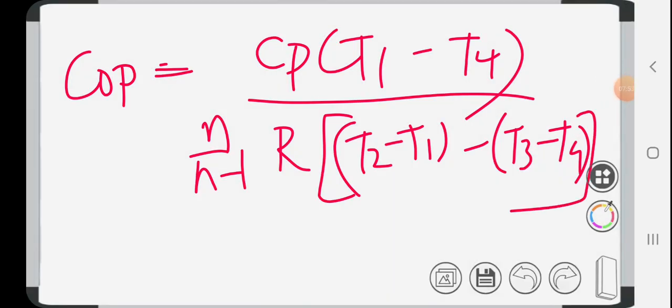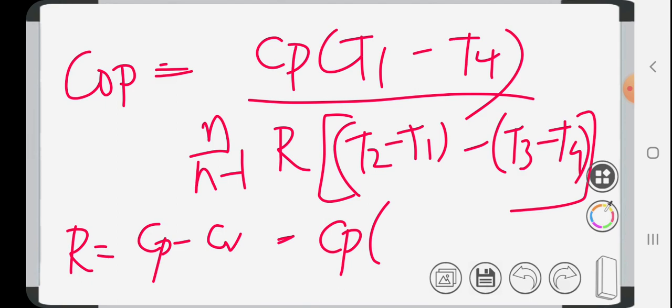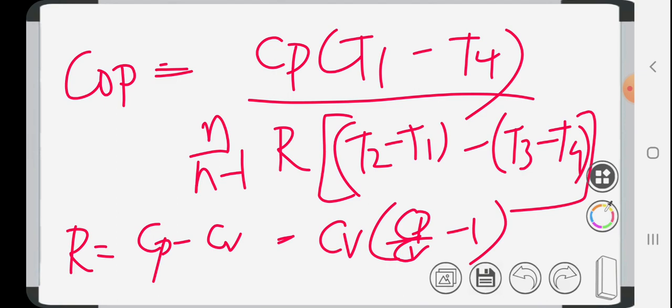right? Since R is nothing but Cp minus Cv, if you take Cv common, we will get Cv times (Cp by Cv minus 1), right? What is Cp by Cv? It is gamma, so R equals Cv into (gamma minus 1).